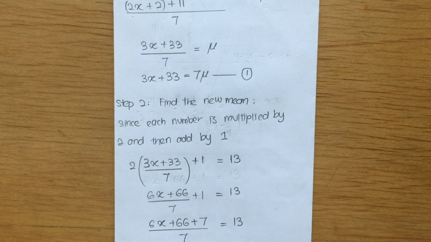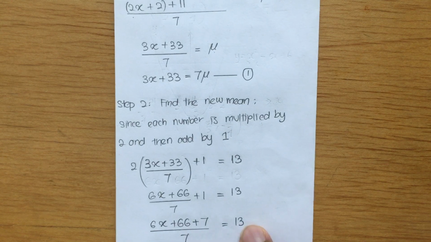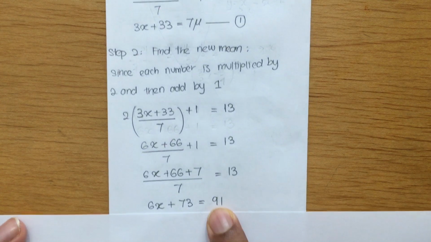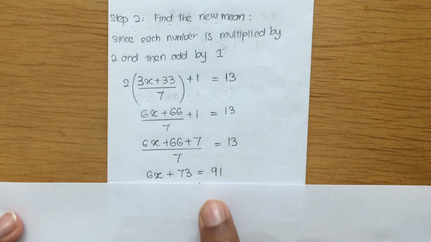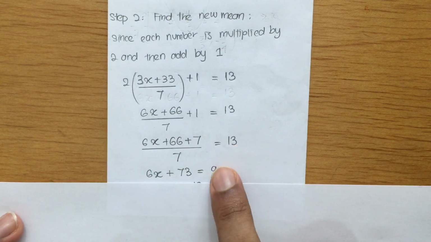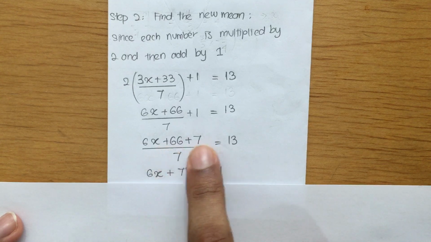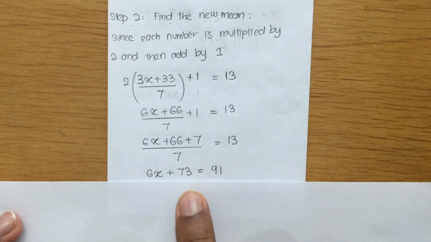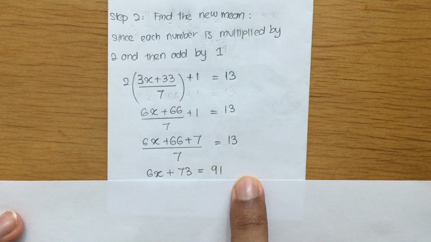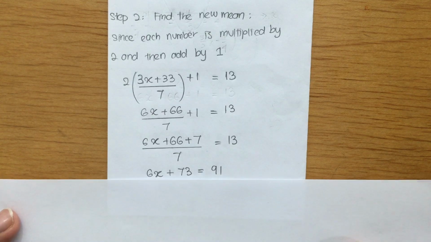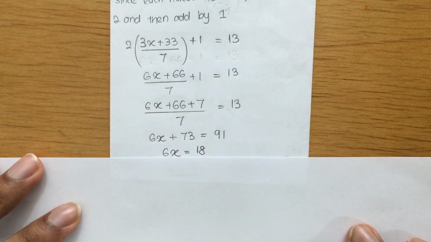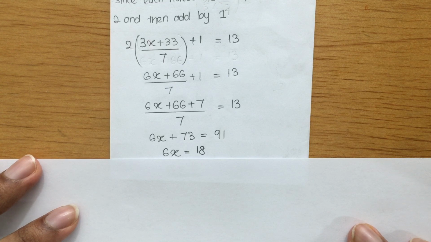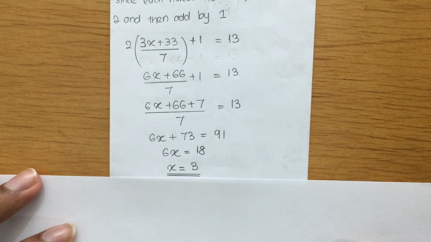From here, 7 times 13 is 91. 66 plus 7 is 73. So this 73 you move to the right hand side. From here you get 6x equals 18, and then you get x equals 3.